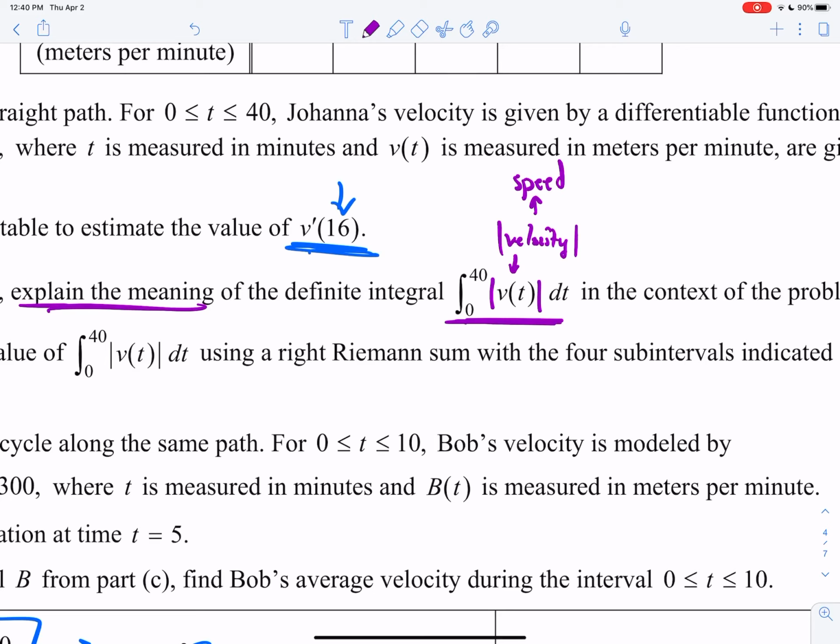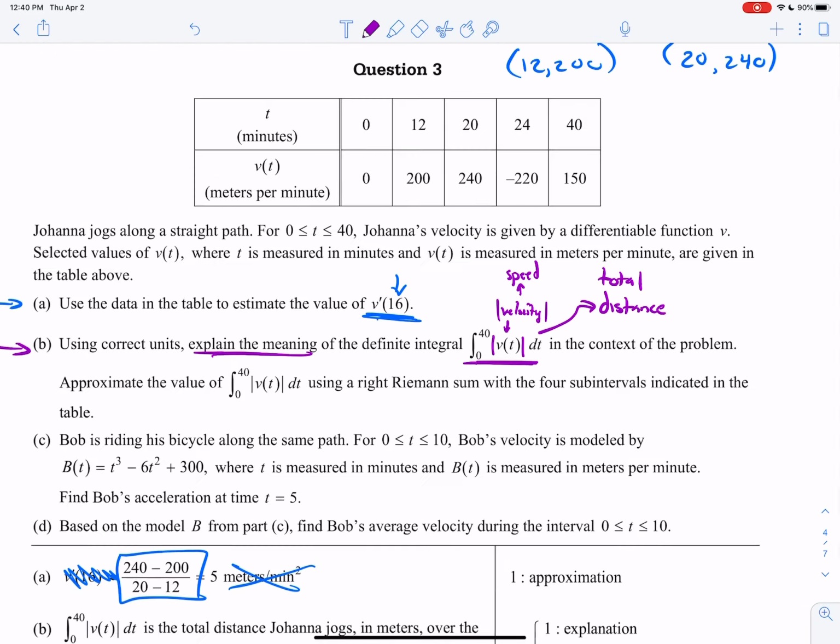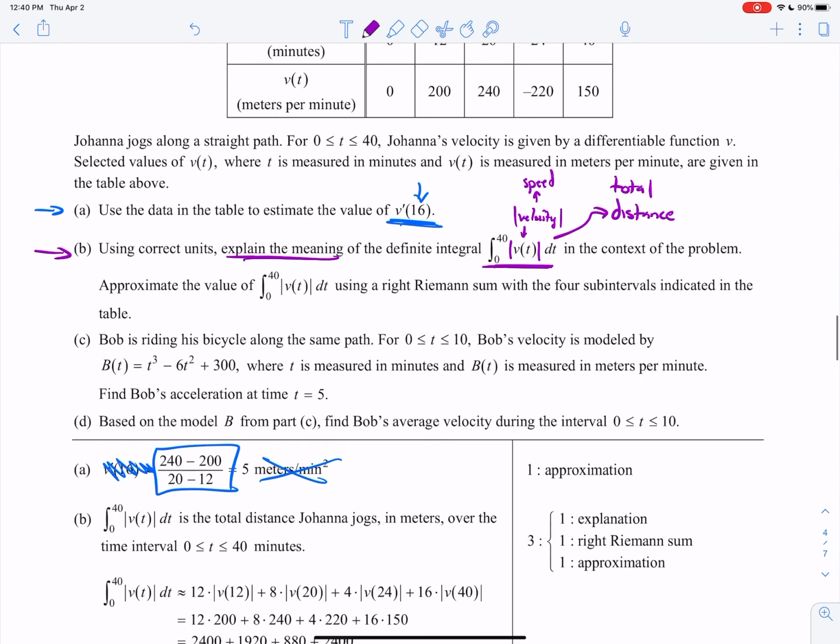Now, when you integrate speed, do you guys remember what that gives you? When you integrate speed, when you ignore direction, you're just talking about distance, total distance, okay? Now, if there wasn't an absolute value around velocity, you would just be talking about displacement, okay? So there you go.